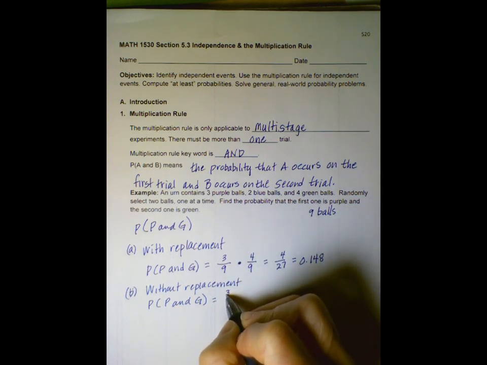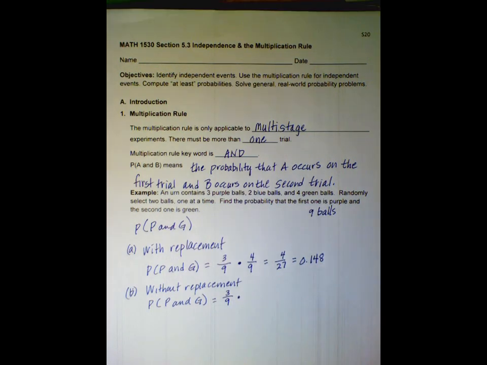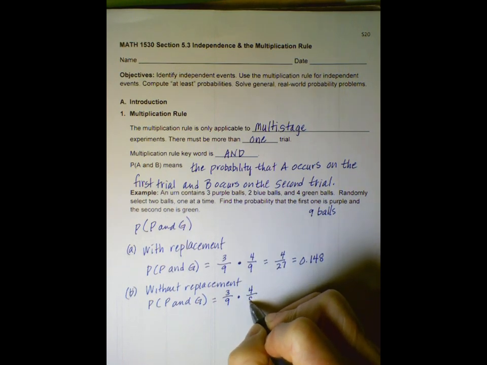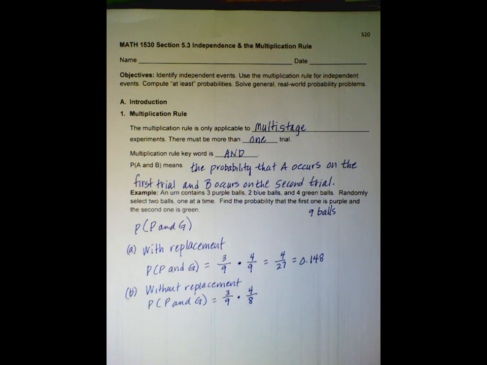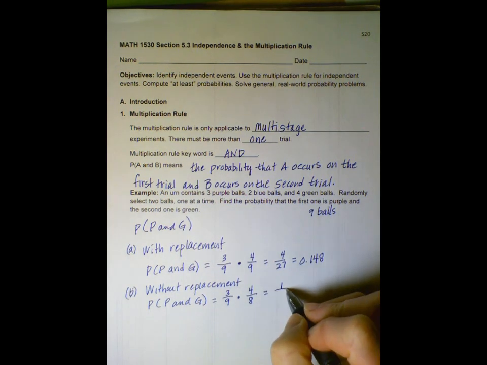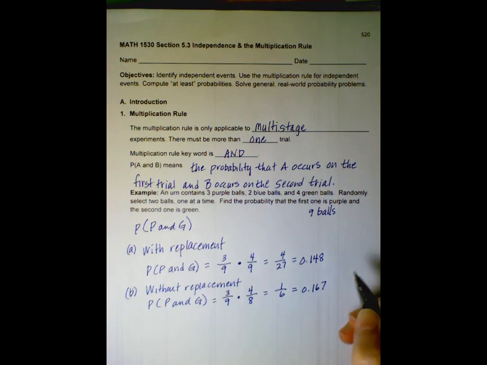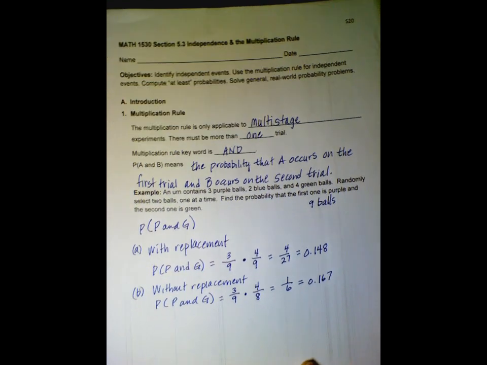There's still 3 purple balls out of 9 balls. But you do not put the purple one back. So now there's still 4 greens, but there's only 8 balls in the urn because you did not put the first one back. This simplifies to 1/6 or the decimal 0.167. So we do get a different result. Knowing how the procedure is run is important because you will get a different answer.